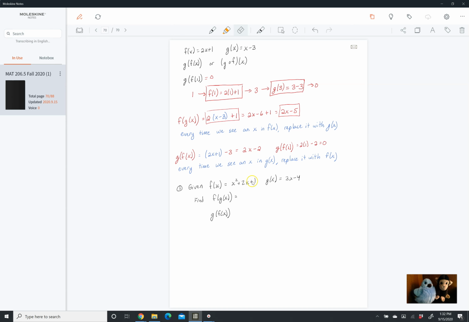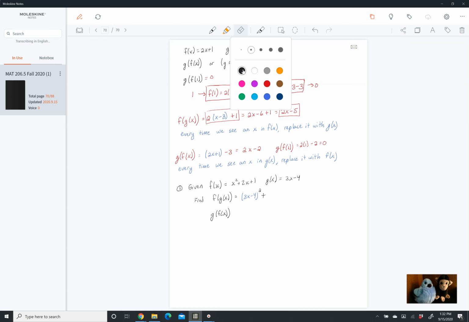Well, we go through and notice we're going through the outside function. So we see an x right off. That x is now g of x. That x was squared, so g of x is squared. 3x minus 4 is squared. Now we're going to do that in the second x as well.